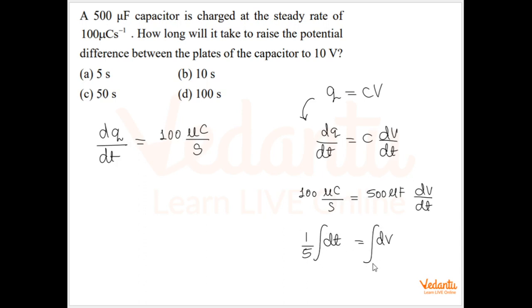I will integrate, beta, from 0 to 10 volts on the left hand side because the final potential is 10 volts, and on the right hand side, I will write down from 0 to t seconds. This gives me 10 minus 0 is equal to 1 by 5 into t minus 0, which gives me t is equal to 50 seconds. Option C will be the correct answer.